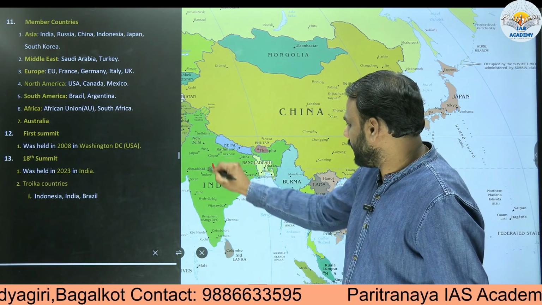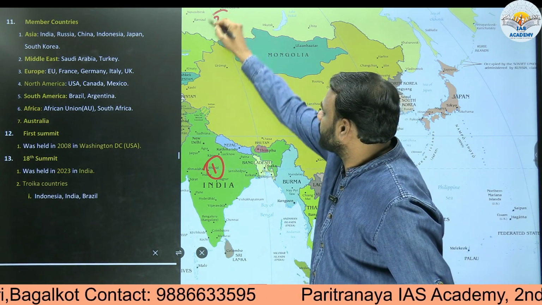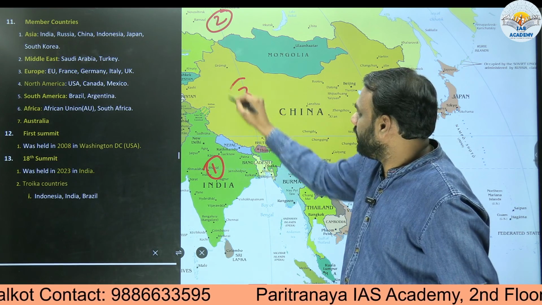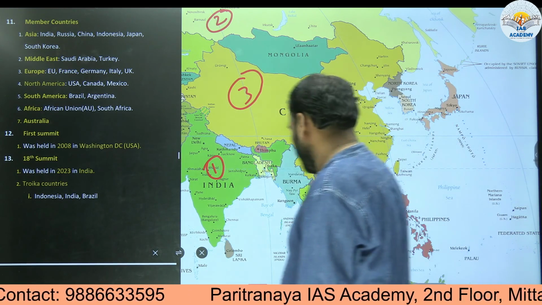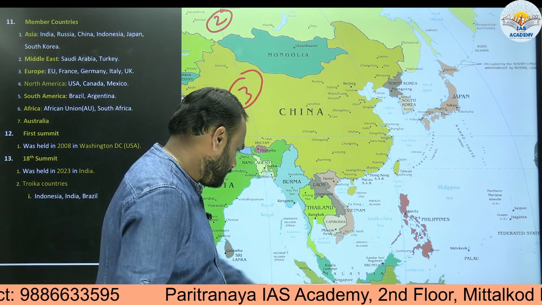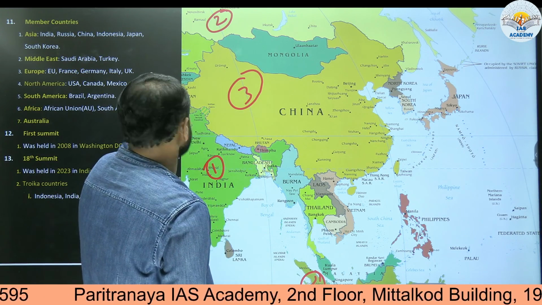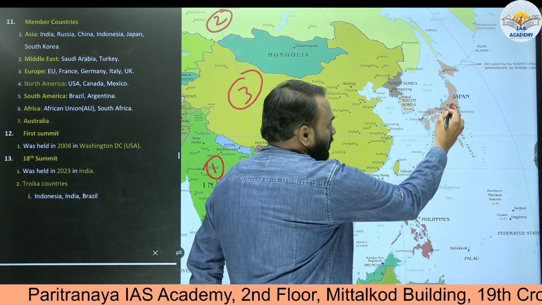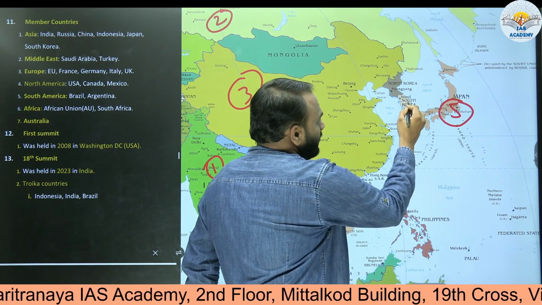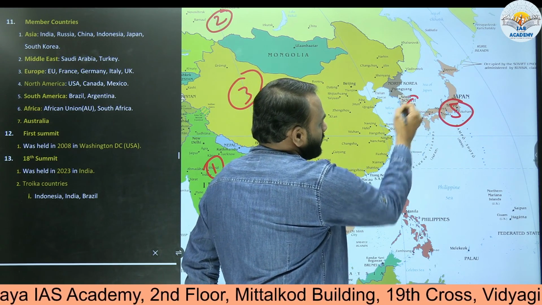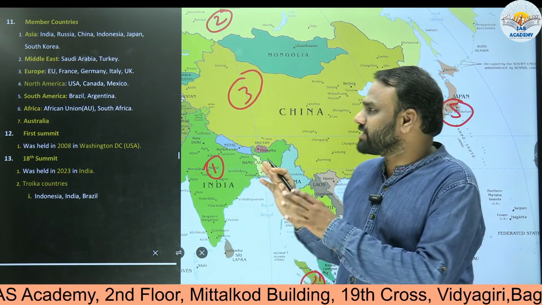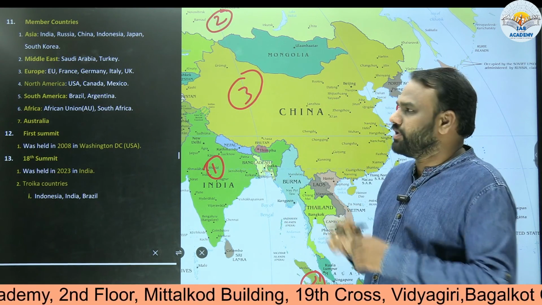So here, India, next Russia, China, next here we have Indonesia, next Japan, and South Korea. So these 6 countries of Asia, they are members of G20.